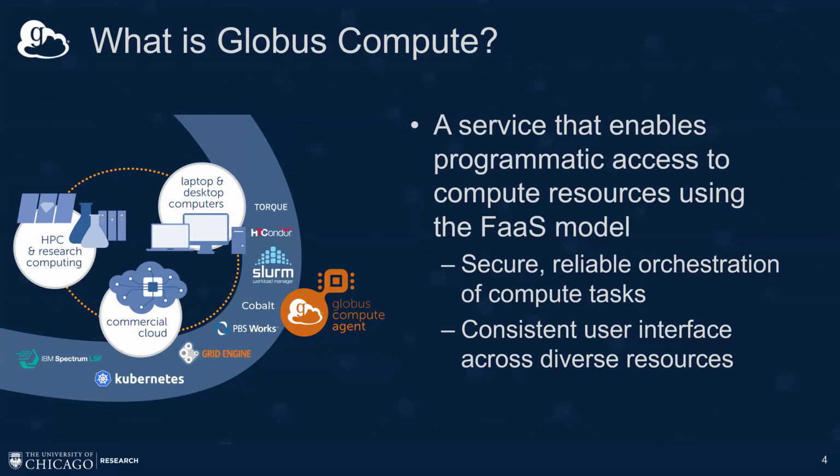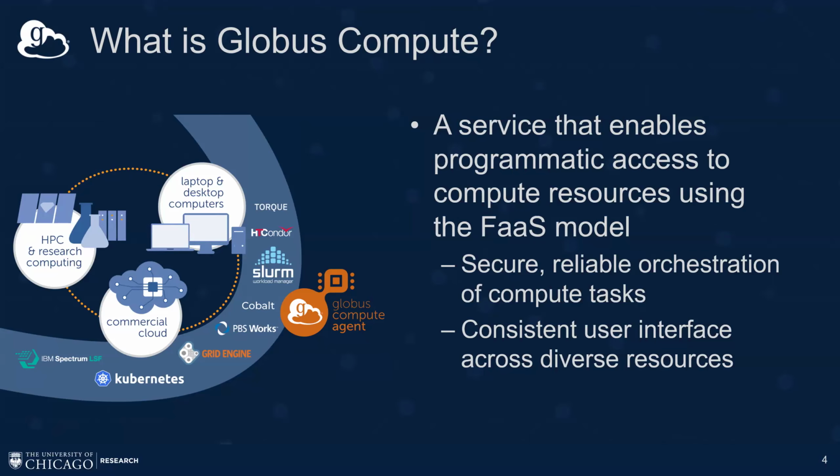There is a service that orchestrates that you can talk to, you can send tasks to it. It relays those tasks to your compute infrastructure, which is presented and abstracted in a uniform way. Just like with transfer, you get a consistent user interface across different resources.